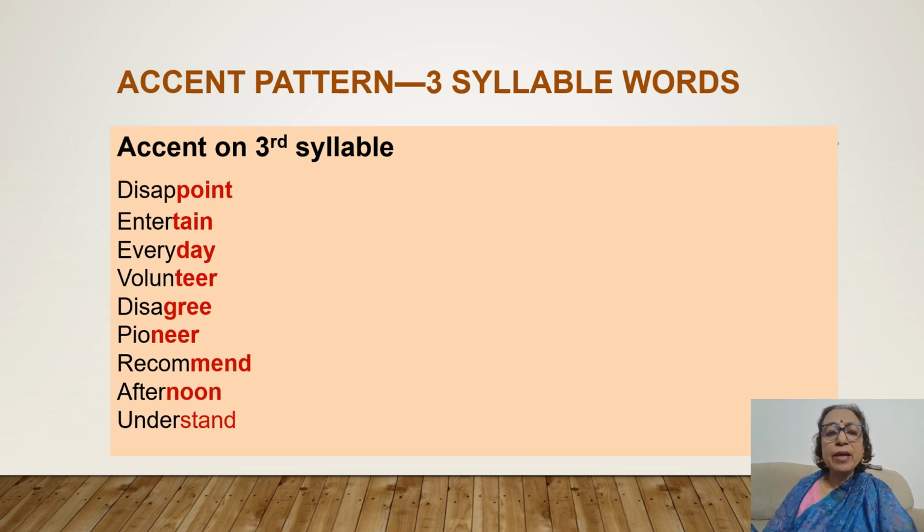For the accent pattern of three syllable words, here the accent is on the last syllable. This is the list where we have seen first syllable stress first, then second, now third syllable stress. Disappoint, dis, ap, that is two syllables. Point is where the stress is. Disappoint. Then entertain, enter, no stress, tain, stress.